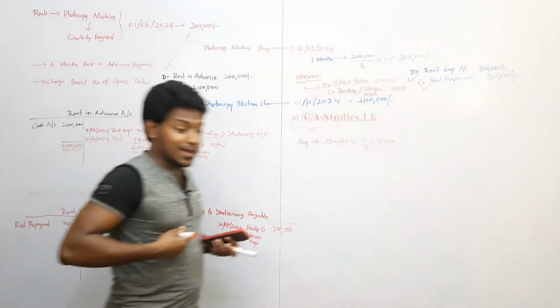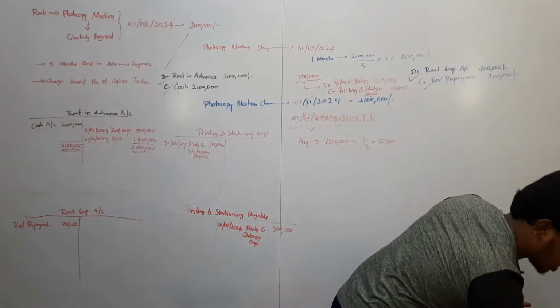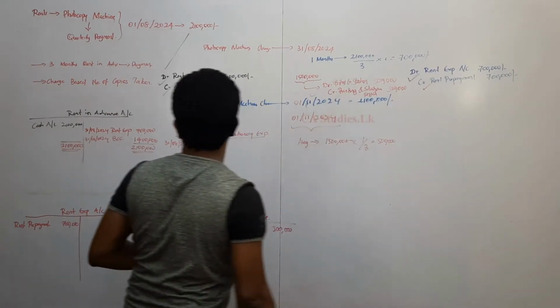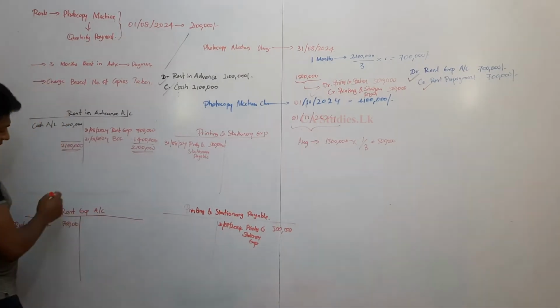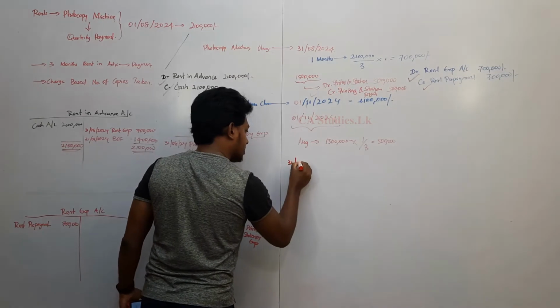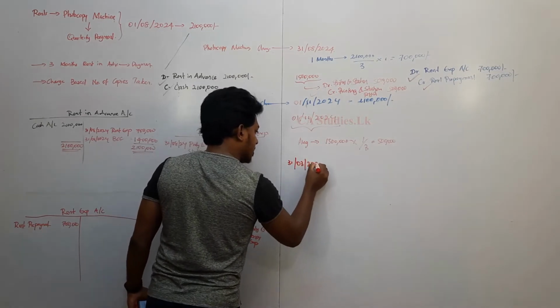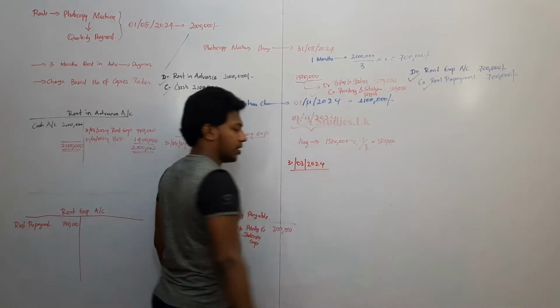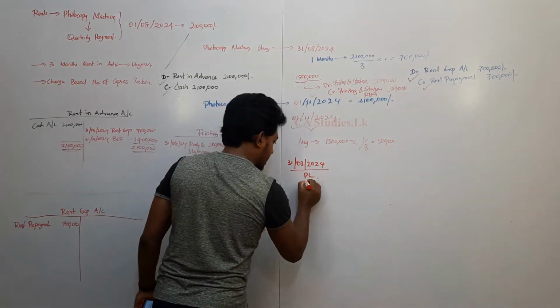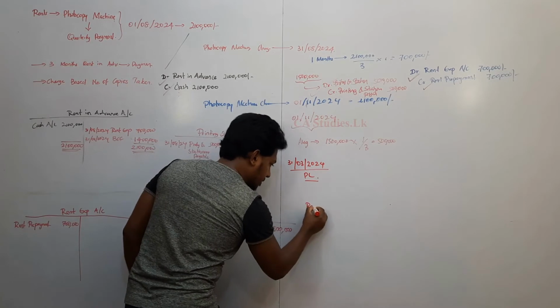Now what is the printing and stationery charge here? First cost is rent. On 31st August 2024 we charge to profit or loss.